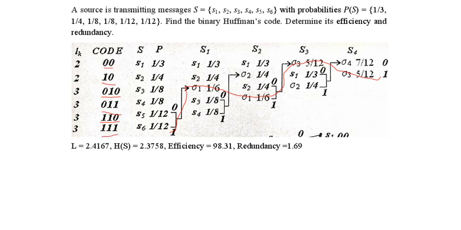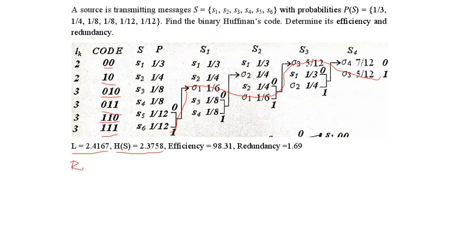So now we got all code words, and the code word lengths are given here: 2, 2, 3, 3, 3, 3. Using these lengths, the average code word length we can determine, and then entropy can be determined using this equation. Then efficiency is nothing but H(S) by L. Here average code word length is represented with different parameters.